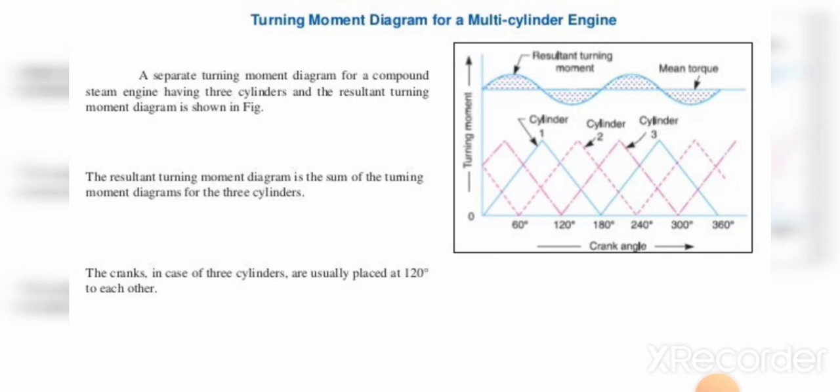The cranks in the case of 3 cylinders are placed at 120 degrees from each other. The resultant turning moment diagram is the sum of the turning moments for the 3 cylinders.